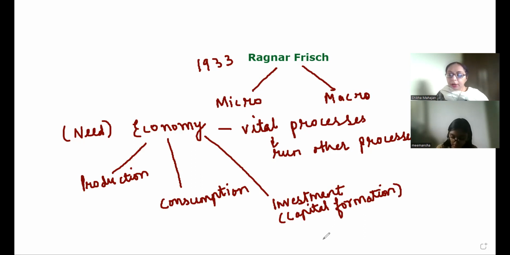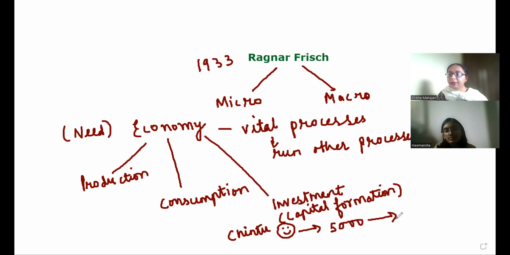Now I want to give you an example. Suppose I talk about a person named Chintu. There is a little boy whose name is Chintu who celebrated his birthday and got 5,000 rupees from his parents as a gift. 5,000 rupees is too much for him and he's so excited, thinking where to spend his money.